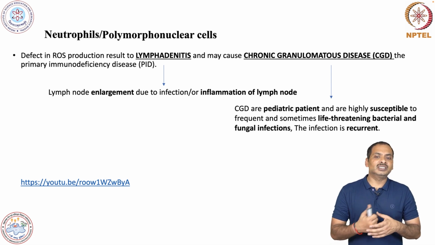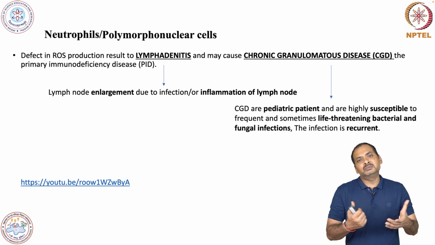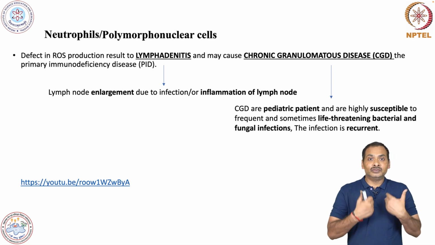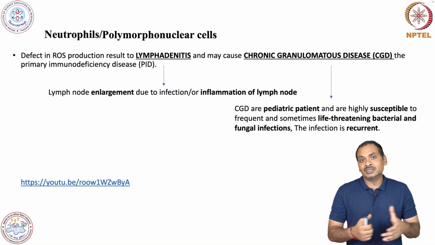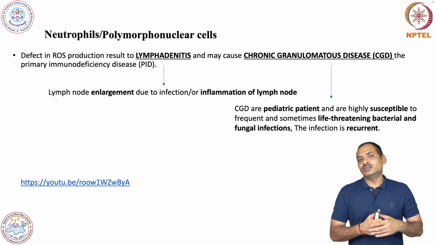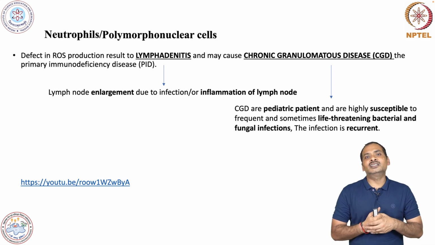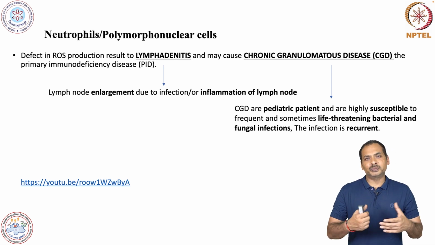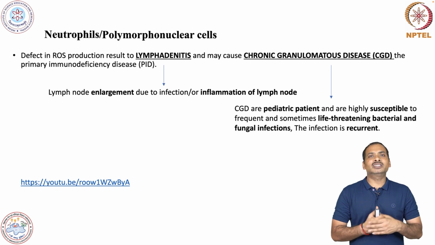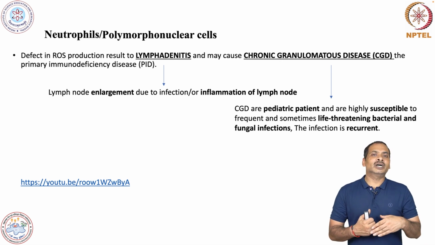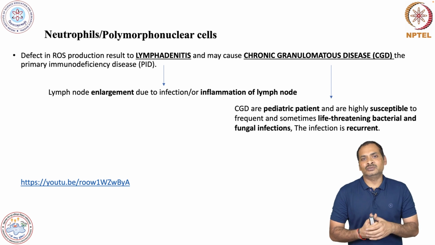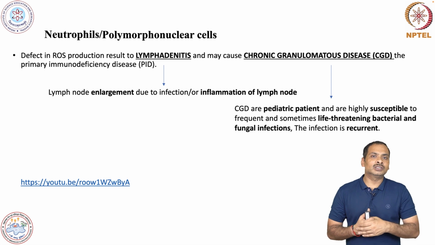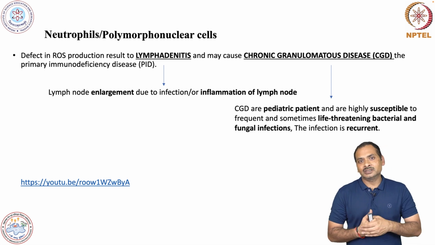They will have recurrent infections of common bacteria or some fungi. In general, we keep having these infections but we efficiently clear them, but these kids cannot clear those infections. Of course, we do not have an appropriate cure for the disease, but there are some ways by which you can manage it. One could be giving antibiotics, keep on giving antibiotics.